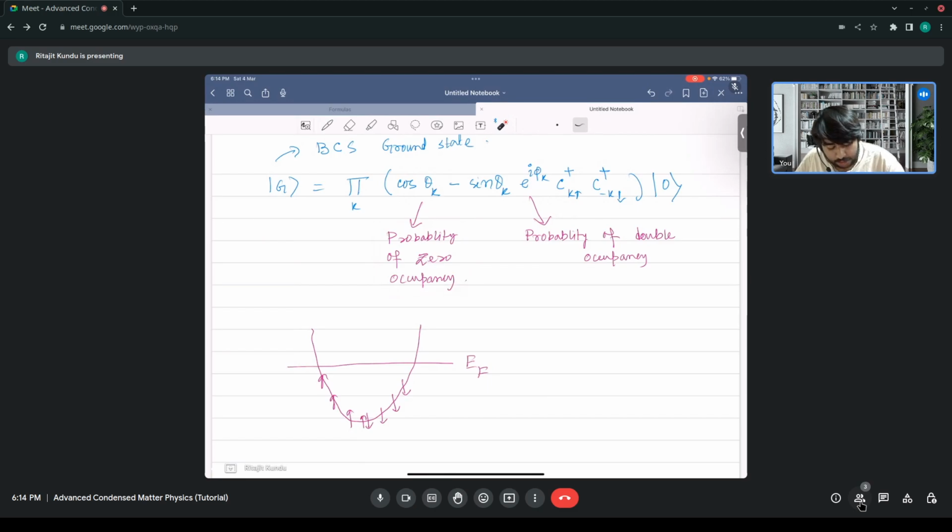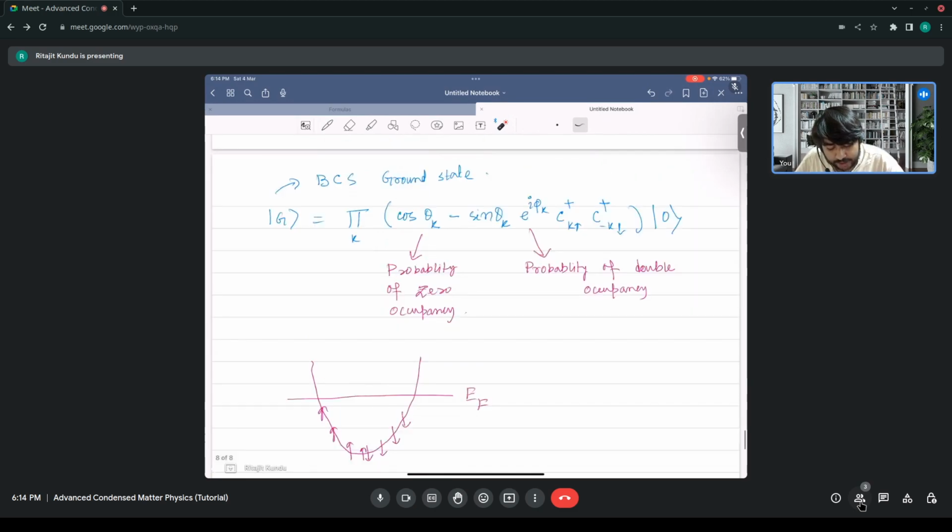Now there is a subtle point here: this pair creation is not actually a BCS, not actually a Cooper pair. When you are at very low energy, very deep in the Fermi sea, this is just a normal electron hole pair.